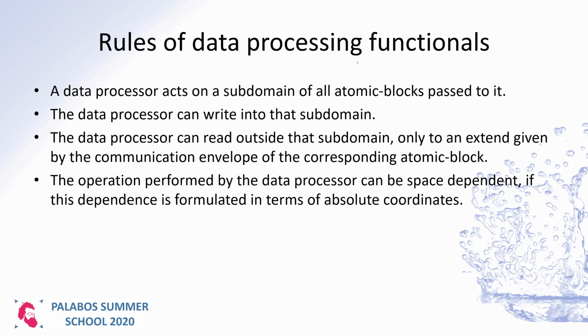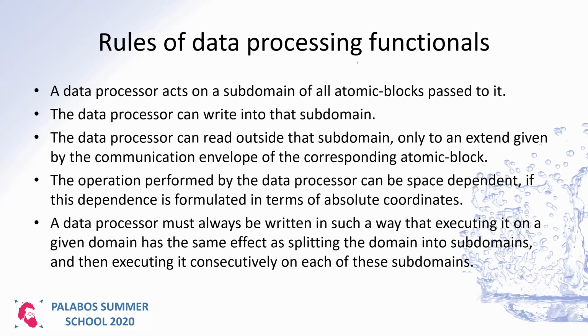We just took one cell, computed the velocity, and put the result in the other cells. If you want to use the x and y coordinates explicitly, you can, but you have to convert them to absolute coordinates. If you use the local coordinates, the result is going to be wrong.